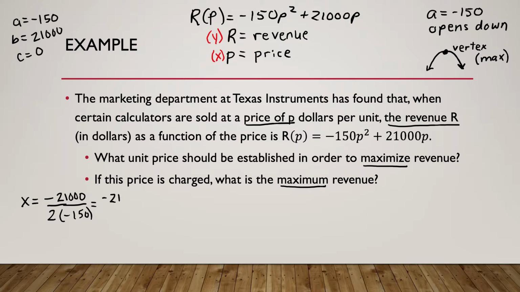So I have negative 21,000 divided by negative 300, which is going to give me 70. So I know right now that my vertex point has an x value of 70.